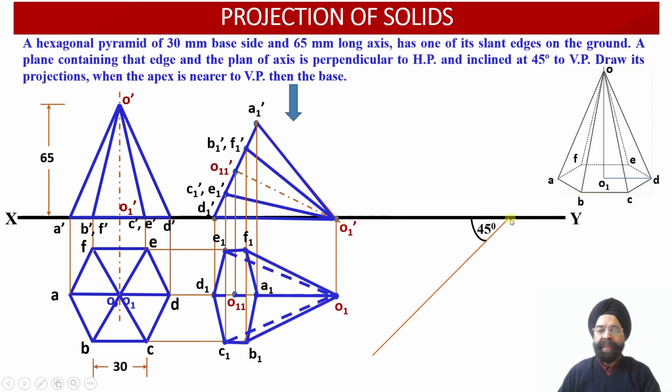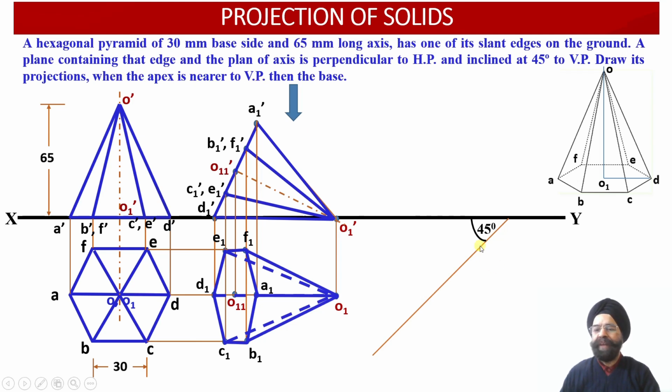So please check, we have marked this orientation line at an angle of 45 degree, and now we have to transfer these plan projections, which we have obtained for the inclined hexagonal pyramid over here, in such a way that the apex is near to the vertical plane.